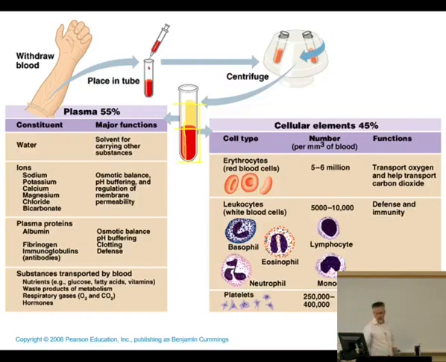Okay, so let's look at the other side of the coin when we look at the cellular elements there. For the cellular elements, we have three main categories, right? We have the red blood cells, we have the white blood cells, and then we have the platelets. And again, we keep talking about these as cellular elements or formed elements rather than cells because erythrocytes, the red blood cells, are not whole cells.